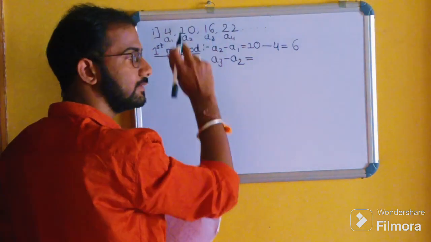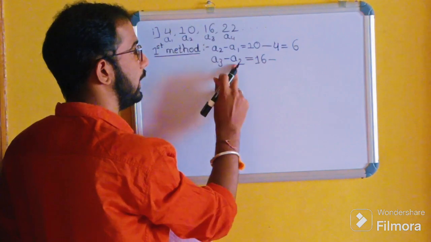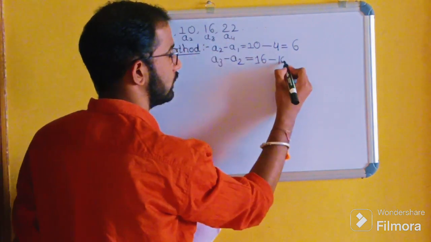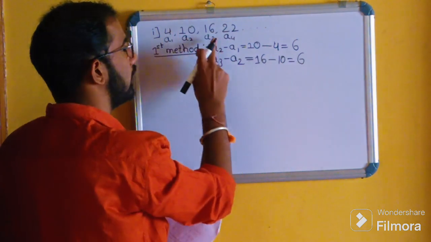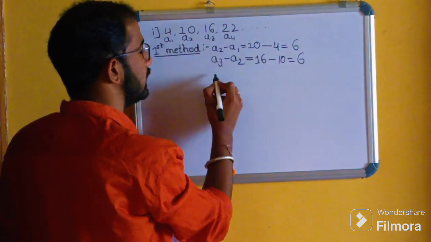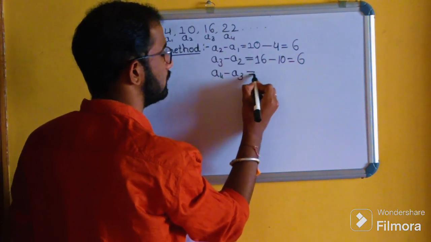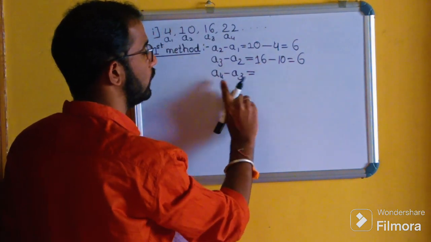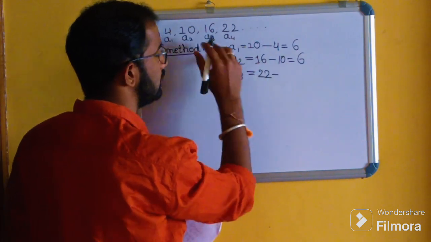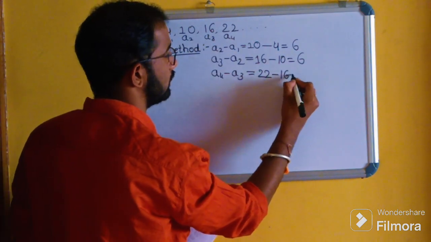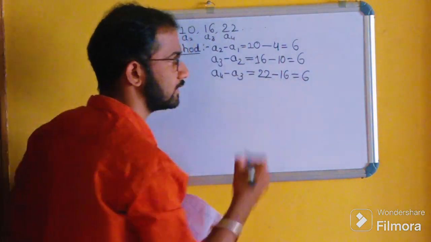The value of A3 is 16 and A2 is 10. 16 minus 10 is 6. Next is A4 minus A3. A4 is 22 and A3 is 16. 22 minus 16 is also 6.